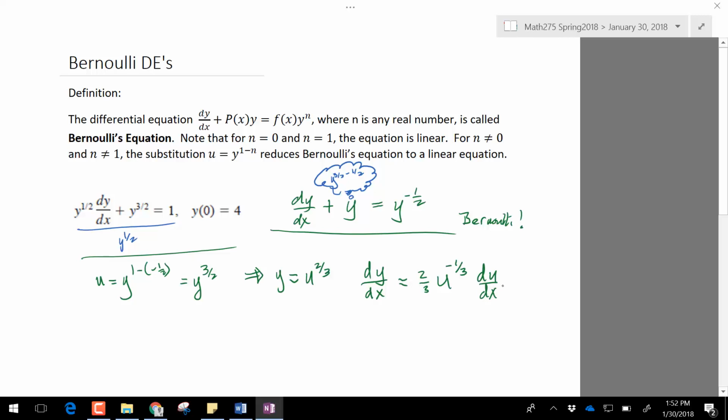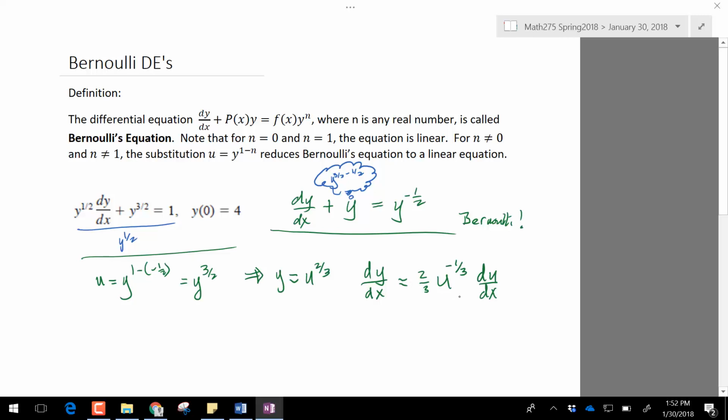Assuming u is a function of x, which is what we have to assume whenever we make some sort of substitution, the new variable is going to be a function. Then we're going to need to compensate for those differentials. So here we have an actual derivative dy dx that we need to replace, and so we're going to replace that with something with a du dx.